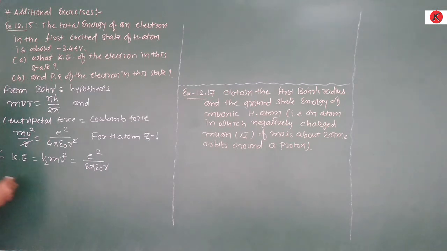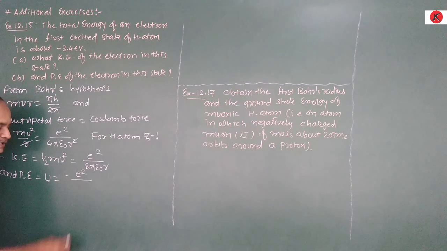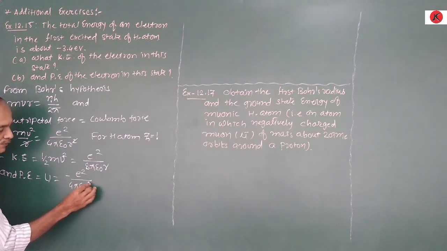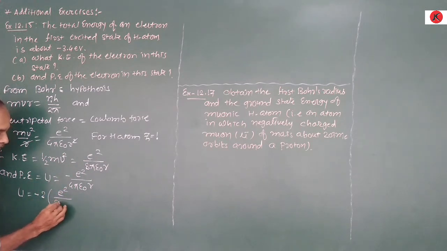And potential energy U is equal to minus e square upon 4 pi epsilon 0 r. Now we multiply and divide this by 2, so it becomes minus 2 times e square upon 8 pi epsilon 0 r.